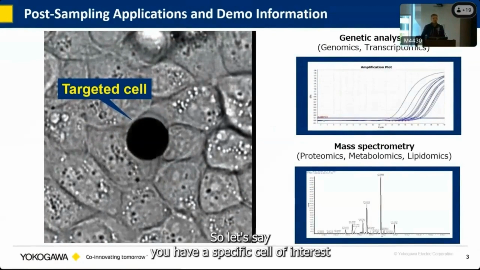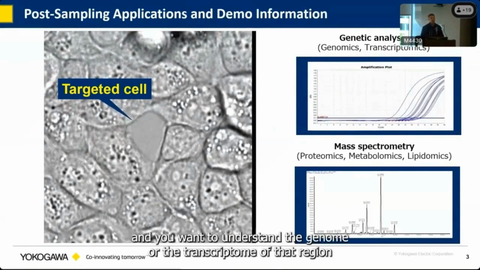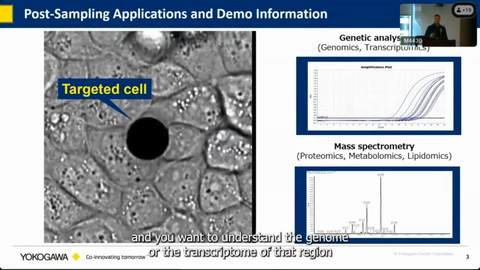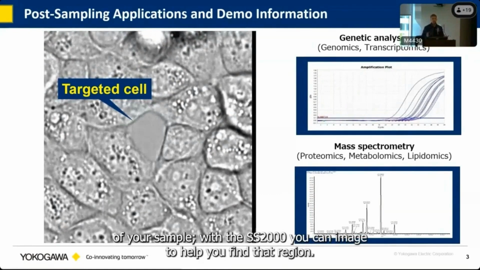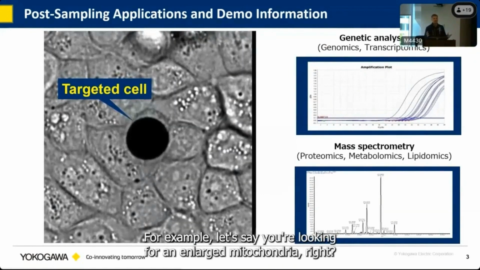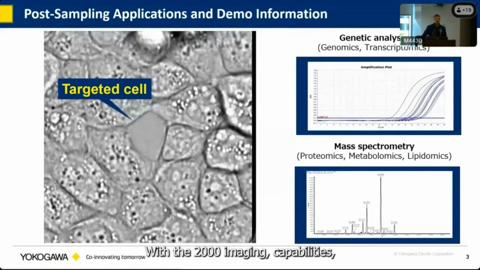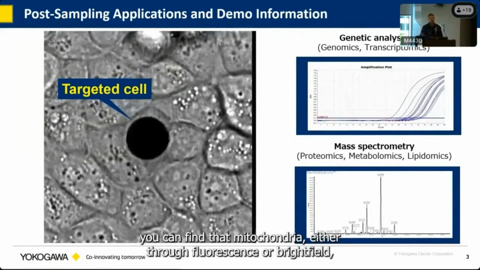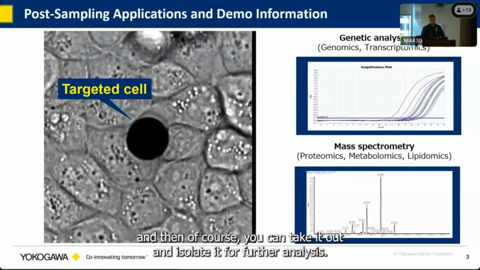Let's say you have a specific cell of interest or a specific subcellular compartment of interest, and you want to understand the genome or the transcriptome of that region of your sample. With the SS2000, you can image to help you find that region. For example, let's say you're looking for an enlarged mitochondria, right? With the SS2000's imaging capabilities, you can find that mitochondria either through fluorescence or through bright field, and then of course you can take it out and isolate it for further analysis.